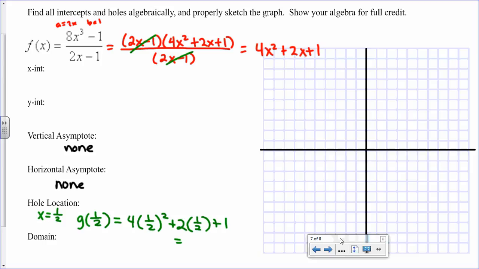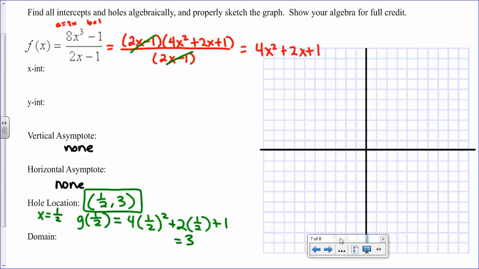Yep, you get 3. So 1/2, 3. That is where the hole will be. Okay, but I need to know how to graph that first. Let's go ahead and do the rest of this where it says the x-intercepts and the y-intercepts.